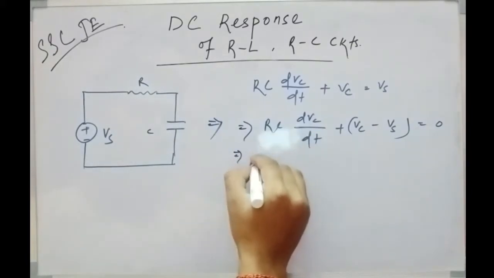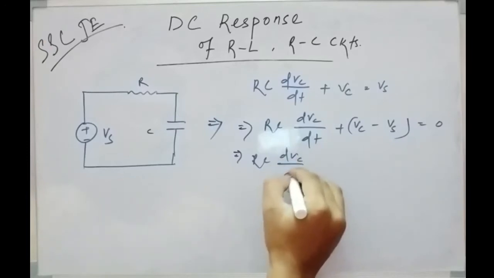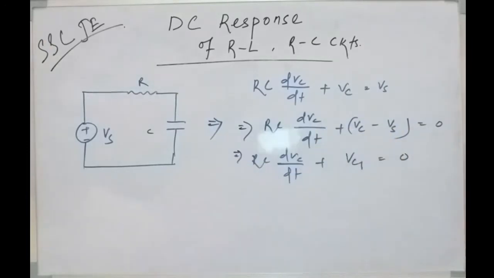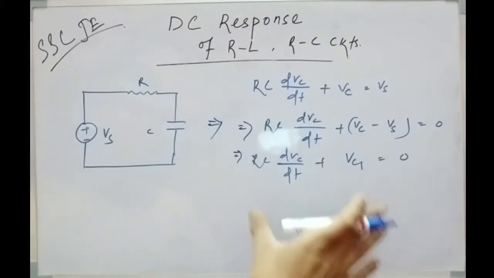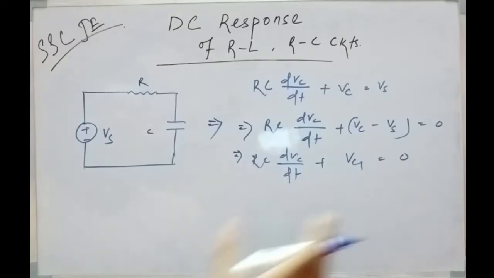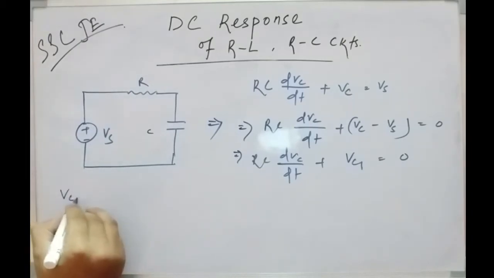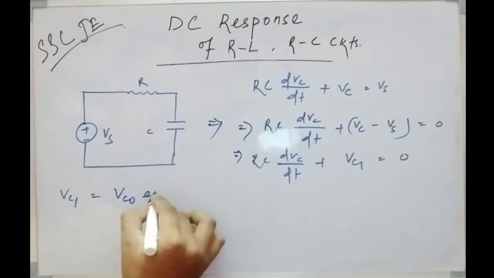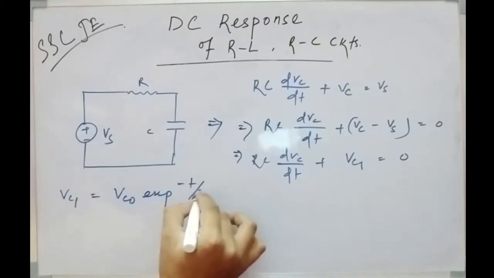Let us take Vc minus Vs as Vc1. Again it has been converted to a homogeneous equation, so the solution will be Vc1 equals some constant times exponential minus t by RC.